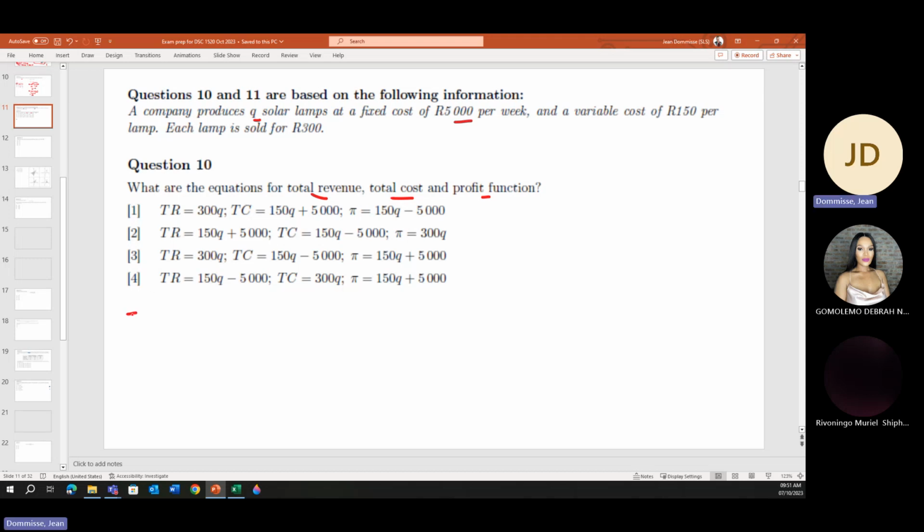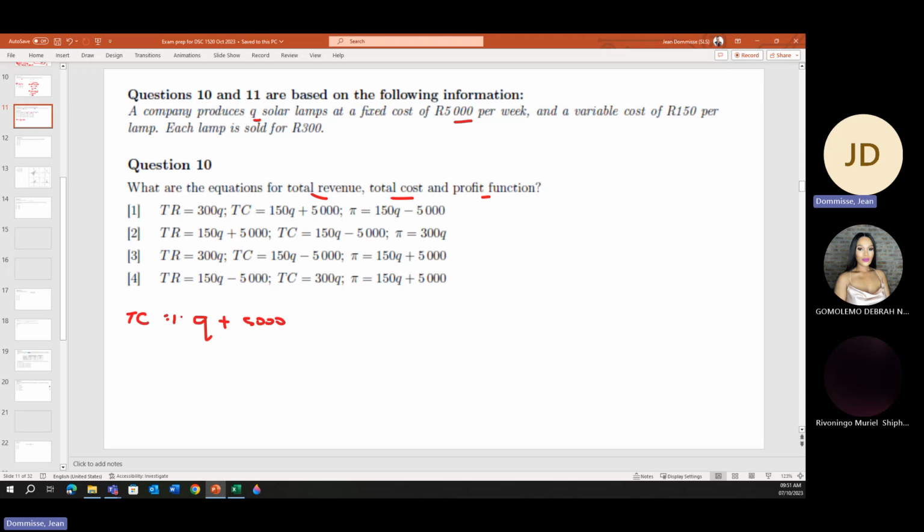So we can say total cost is going to be, they're going to tell us now how many, but Q plus 5,000. And the variable cost is 150.